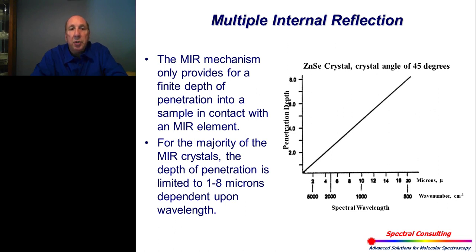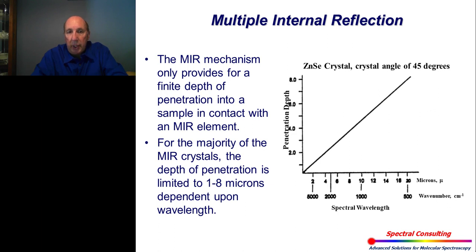For the majority of the MIR crystals, the depth of penetration is basically limited to 1 to 8 microns, depending upon the wavelength. So there's some things that we want to take away from this. One is that the depth of penetration changes as the wavelength changes.